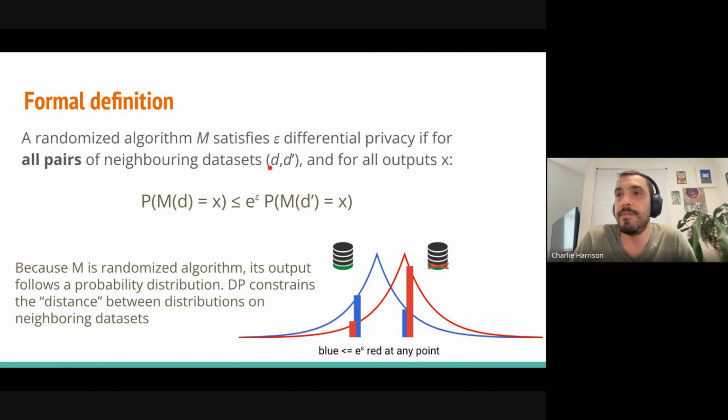You can see this in the bottom graphic. The mechanism induces a probability distribution because these mechanisms are typically randomized.